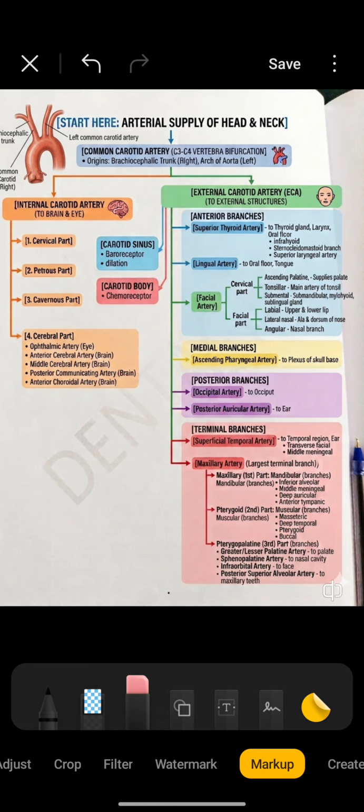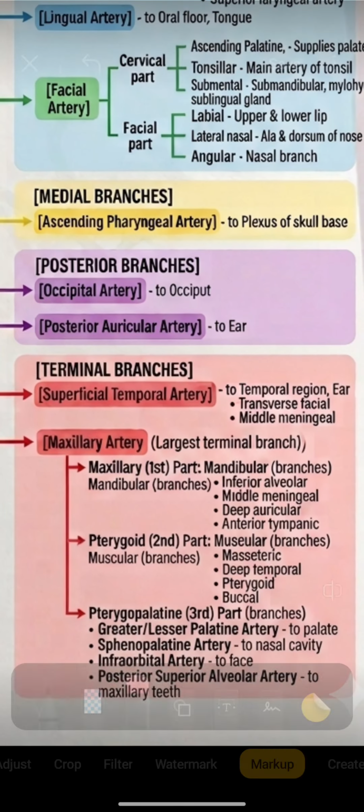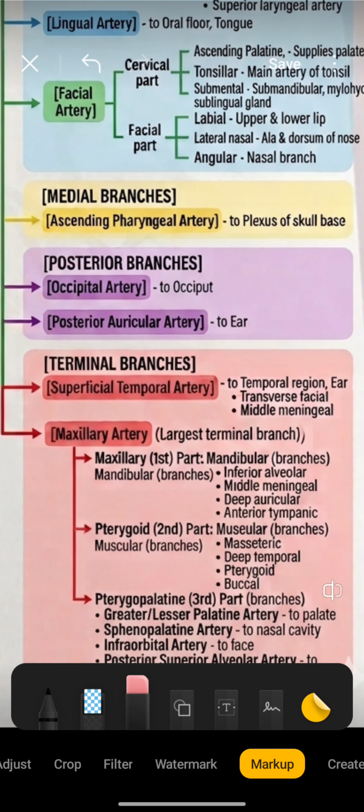The second branch is the middle temporal artery. The pulsation of the superficial temporal artery can be felt in front of the tragus of the ear. Clear? Maxillary artery is the main terminal branch of the external carotid artery.